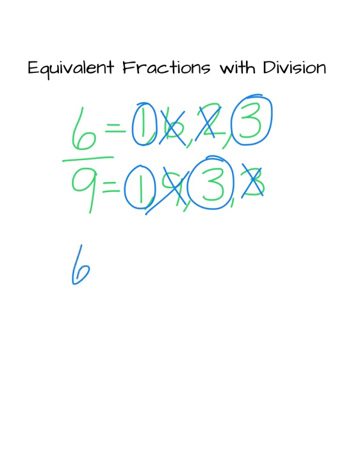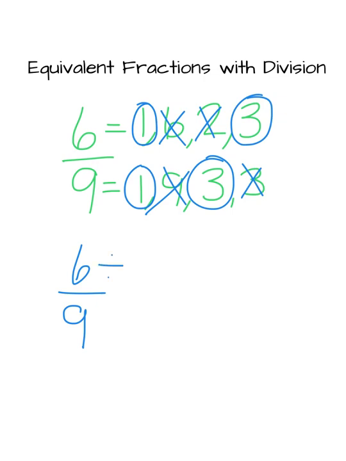So now down below, to do division to find an equivalent fraction, what we will do is pick one of these factors. Now, if you have 1, 6 divided by 1 is still 6, and 9 divided by 1 is still 9. So you would get the same exact fraction. And we want something equivalent, something that's a different number but equals the same.